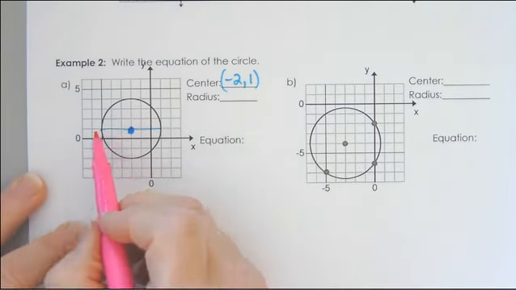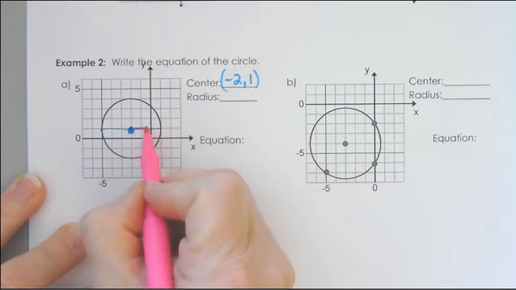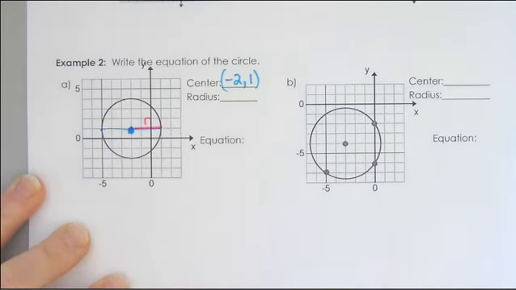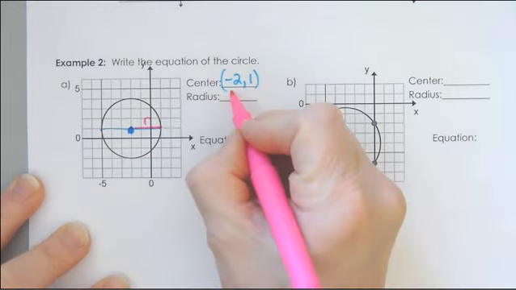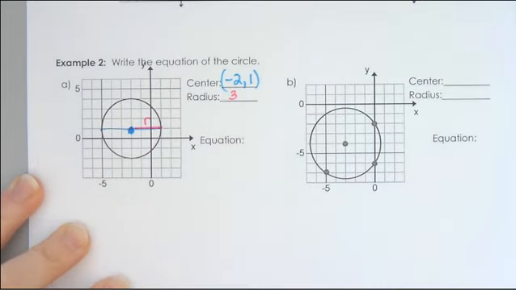Now remember, when I drew that diameter all the way across, half of the diameter is the radius. So there's the radius right there. And you can count up, left, down, right, but the radius is 3 spaces.